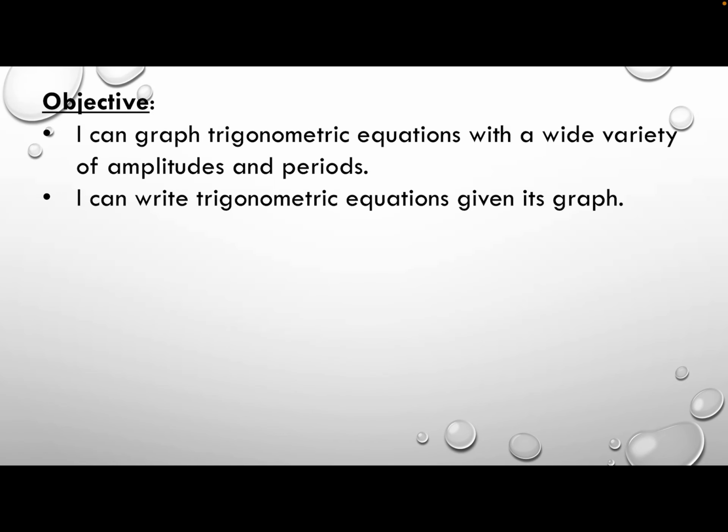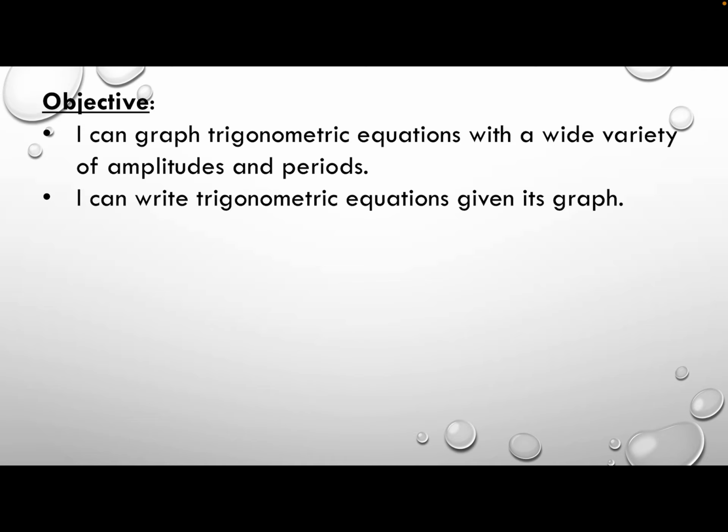We are continuing our graphing phase of the unit, and in today's lesson we're going to take a teeny tiny break from graphing, which we've done the past couple days, and focus on the second bullet point on this objective slide, which is being able to write trigonometric equations given the graph.